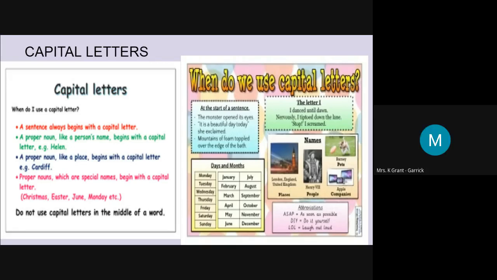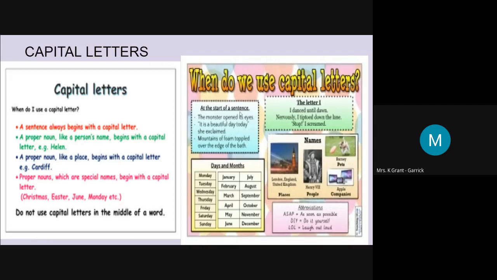And if we have a proper noun, that means we're talking about a person's name, the name of an animal, the name of a place, the name of a specific day in the year or months, we always put capital letters there. And we always remember too that we capitalize I. That's the only thing we capitalize in the middle of a sentence, apart from a proper noun. So there we have it over on this side.